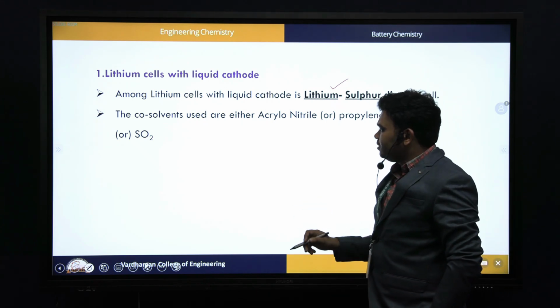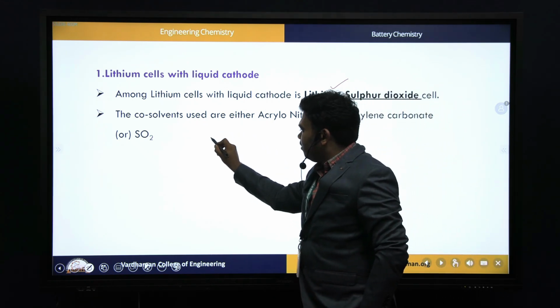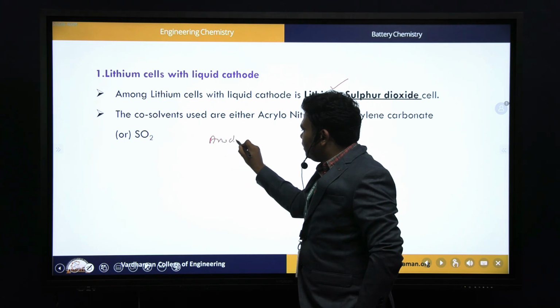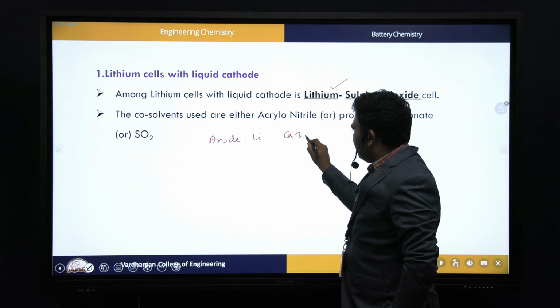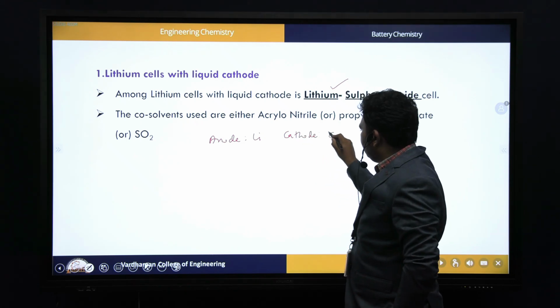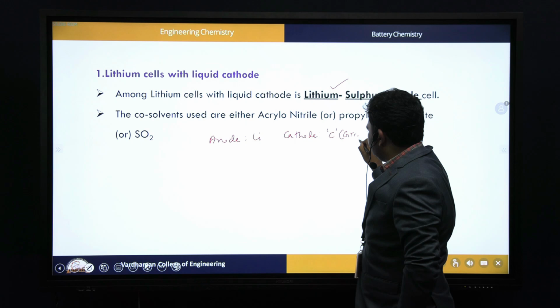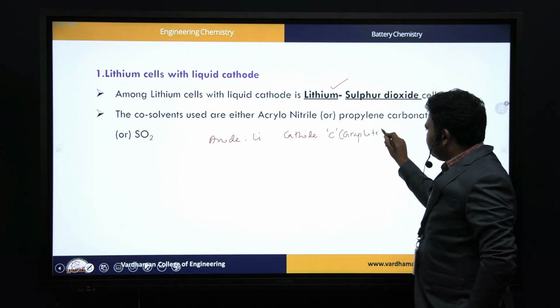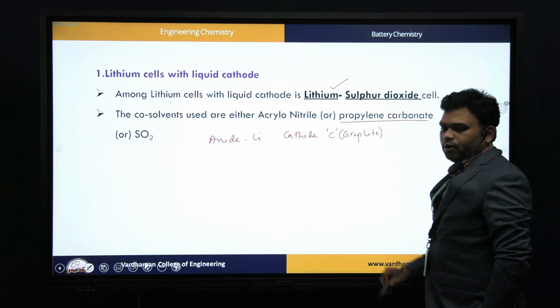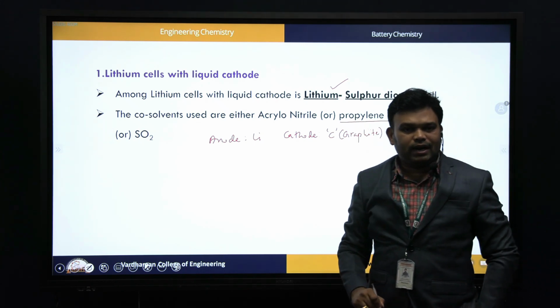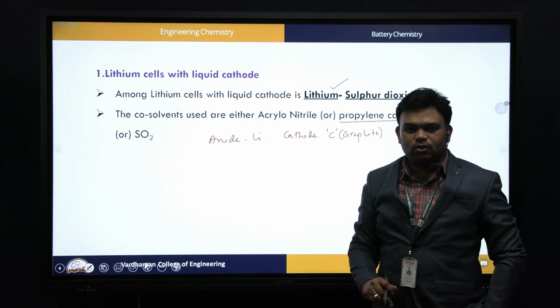In this case they considered lithium as the anode, and the cathode is carbon, or else graphite, and they take propylene carbonate or acrylonitrile, which acts as the electrolytic solution.